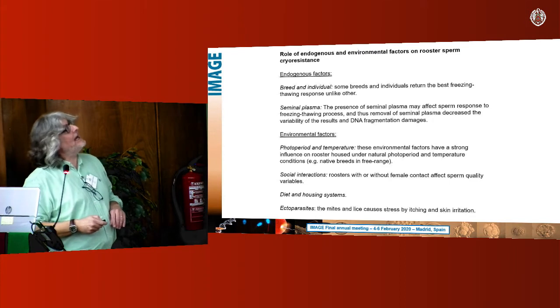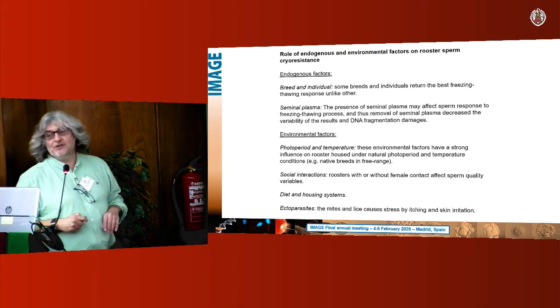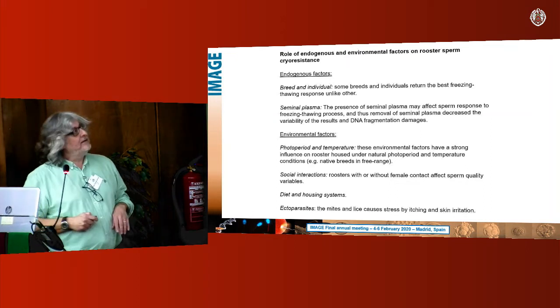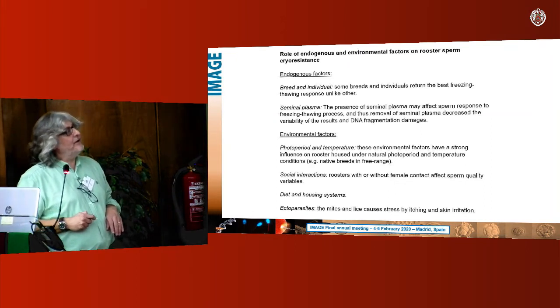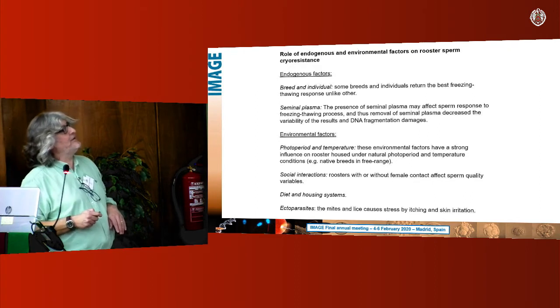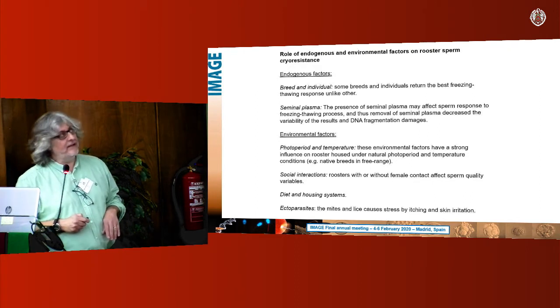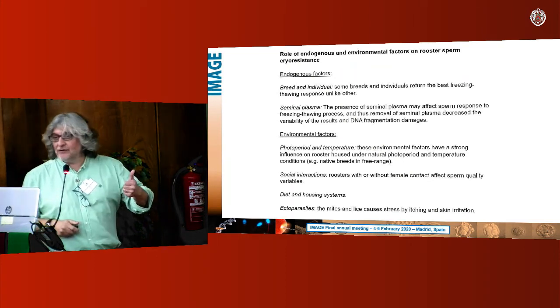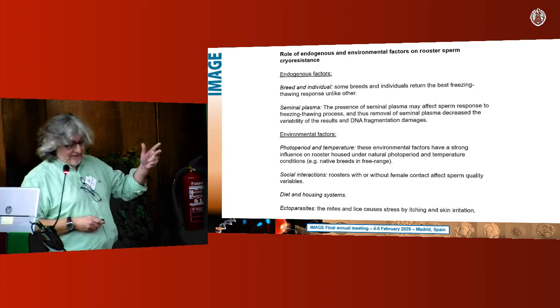In addition, there are endogenous and environmental factors influencing the sensitivity of sperm to the freezing-thawing process. For example, endogenous factors are the breed, the individual, and the seminal plasma, and environmental factors are the photoperiod, the temperature, and the social interaction.